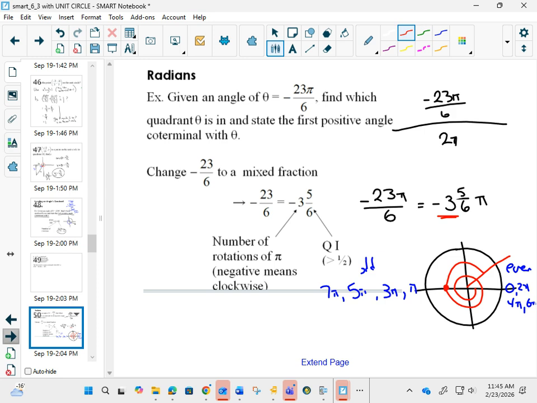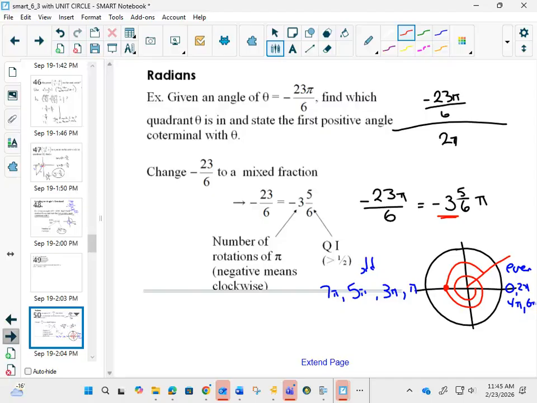This kind of mental math we have to be quick with, because I'm going to ask you mental math questions based on your memorization of your unit circle: without a calculator, what is sine of negative 23 pi over 6? In your head, you are going to think: first of all, it's part of my pi over 6 family, which is on my pi plate, and I've memorized it.